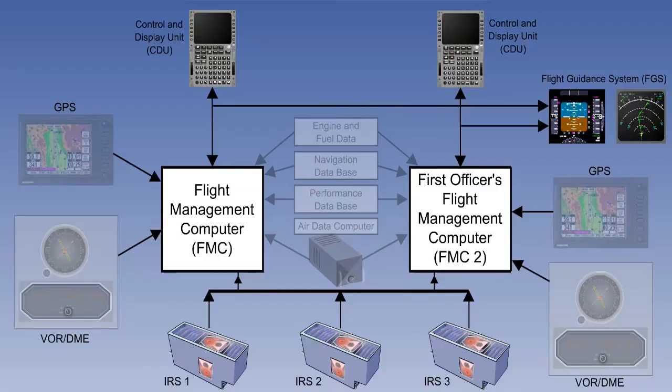Let's look at high-latitude data flow now. The normal data feed from the inertial reference systems to a dual FMC system is as depicted here.